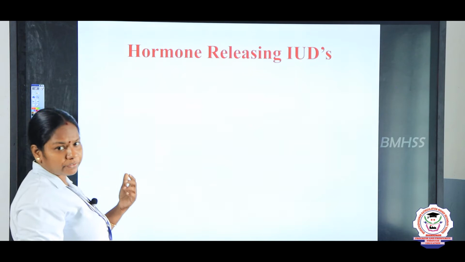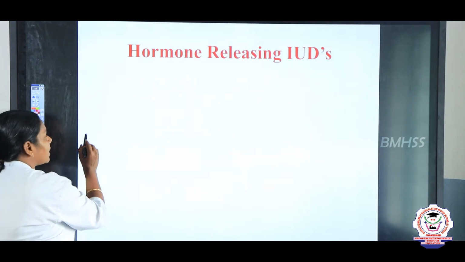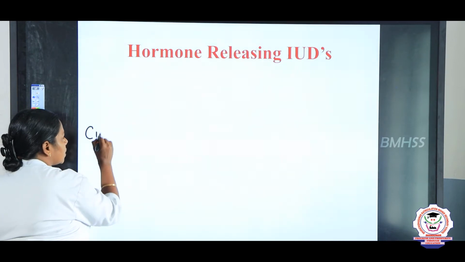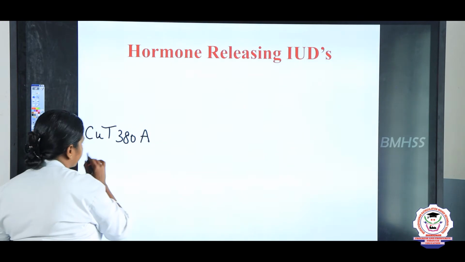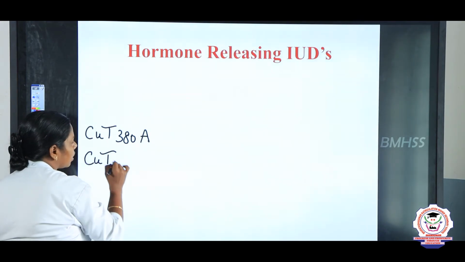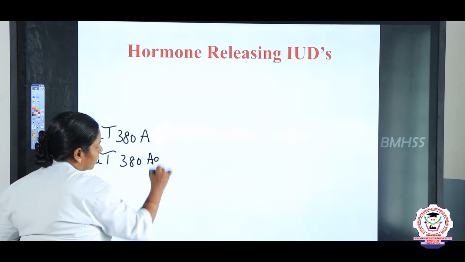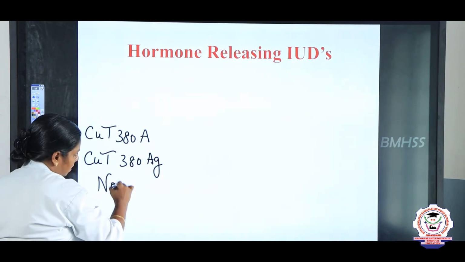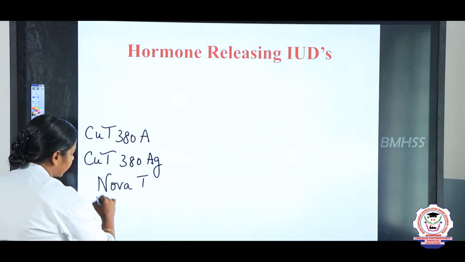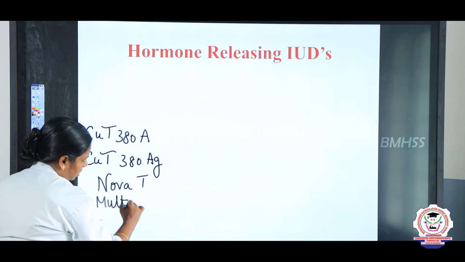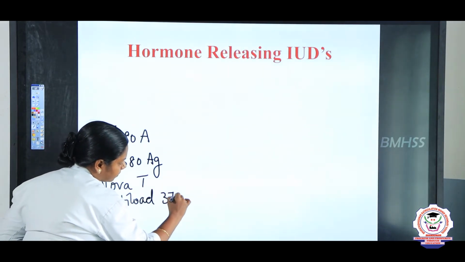What are all the different types? Before going to the hormone releasing IUDs, the copper releasing ones are CuT 380A, Nova T, and Multiload 375.